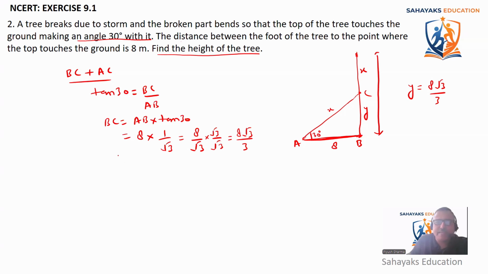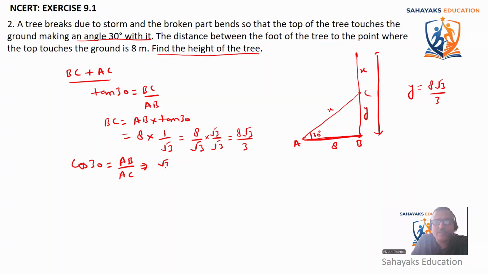And then we'll find AC also. So for finding AC, what will we take? We'll take cos, because cos covers AB as well as AC. So we'll say cos 30 is equal to AB divided by AC. The value of cos 30 is root 3 by 2.